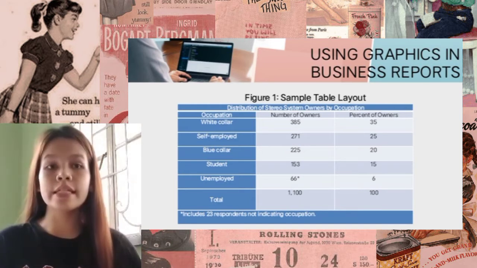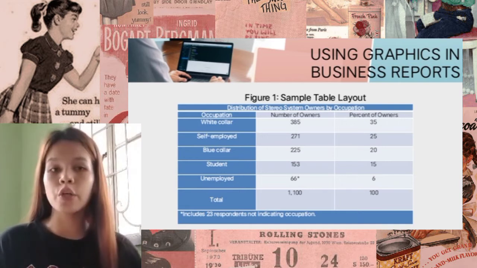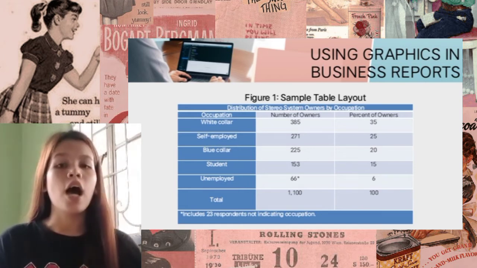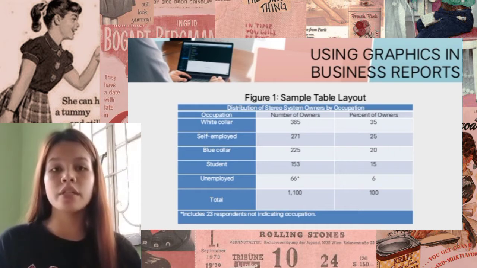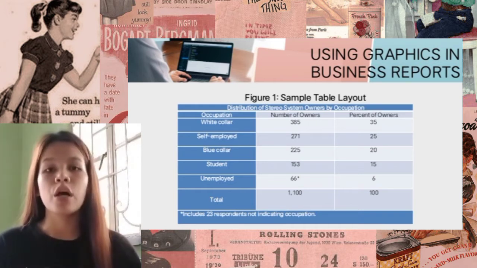Distribution of stereo systems owners by occupation. For occupation, white collar, number of owners 385, percent of owners 35%. Occupation, self-employed, number of owners 271, percent of owners 25%.